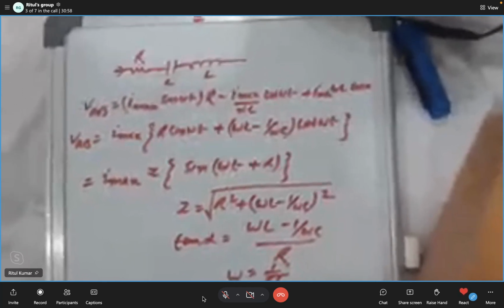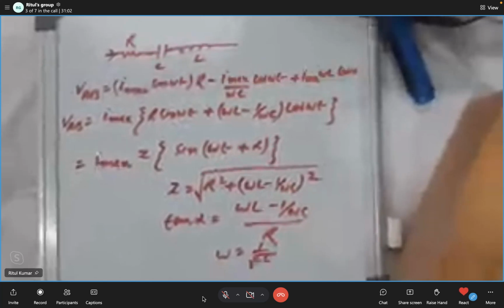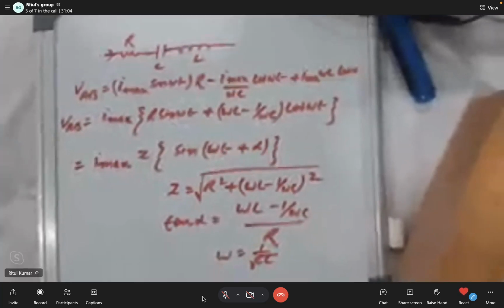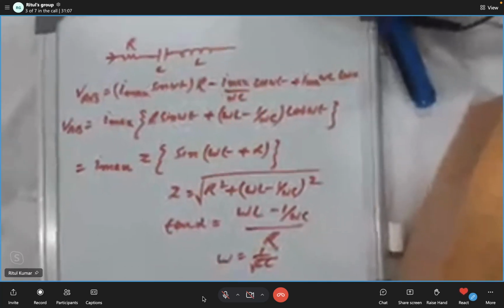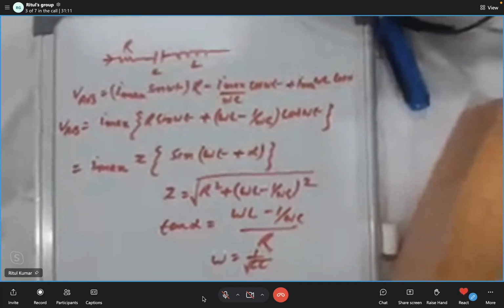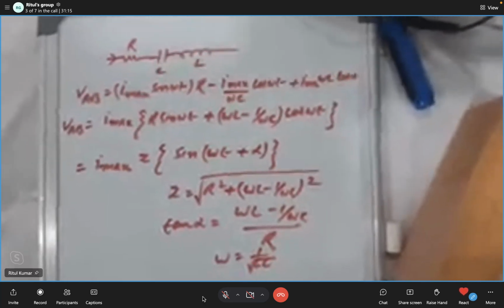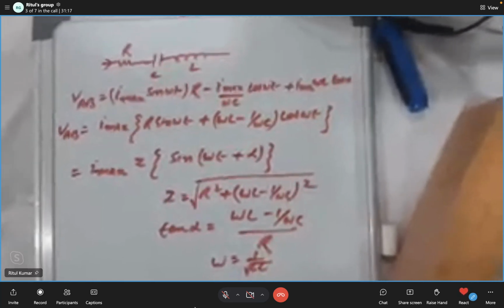Reactance itself has subdivisions, inductive reactance and capacitive reactance. So Imax takes its maximum when the circuit is resonating, which is when Z is equated to R, and Imax is VAB maximum by R.